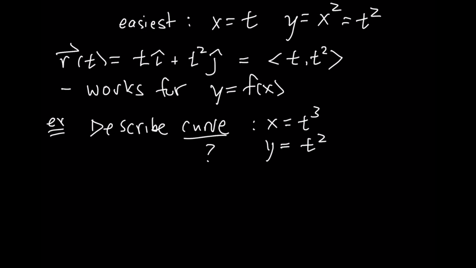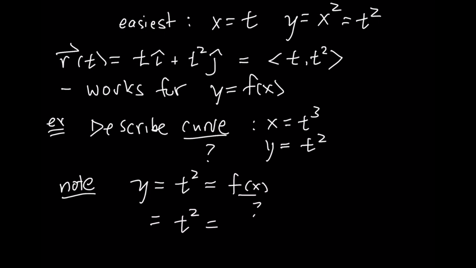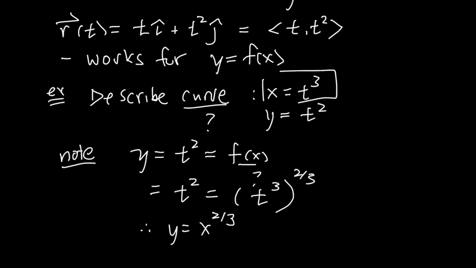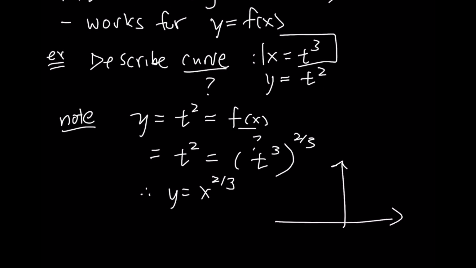If I wanted to get a t squared, and I'm assuming that this is going to be some function of x, I could think of it as t cubed, so I'm choosing the x value as some sort of input, and then I would have to raise it to the power of 2/3. So at the end of the day, what I'm finding is that y is x to the power of 2/3. I've seen this type of curve before. It's got a sharp change in tangent line right there, so it has a point of non-differentiability.